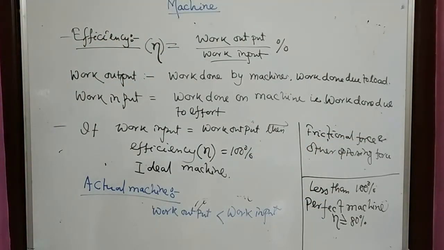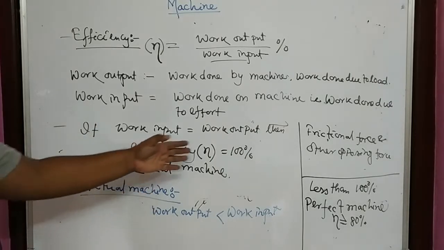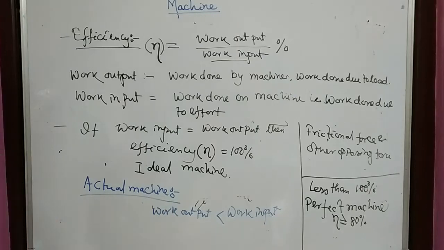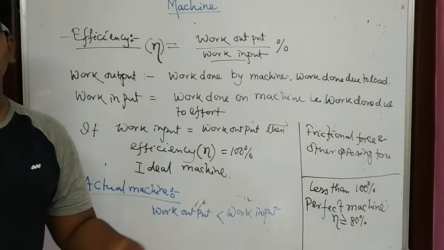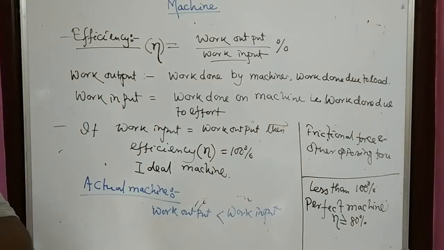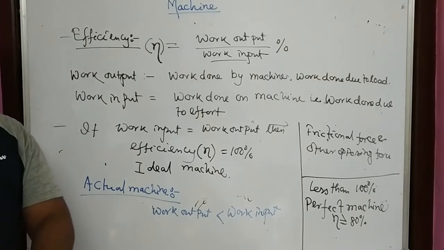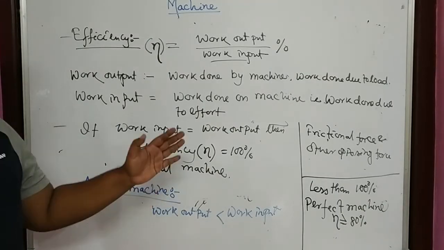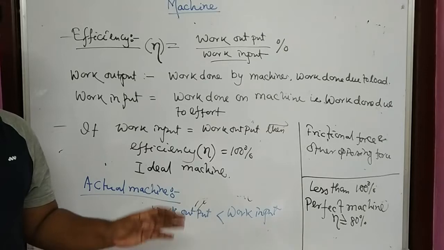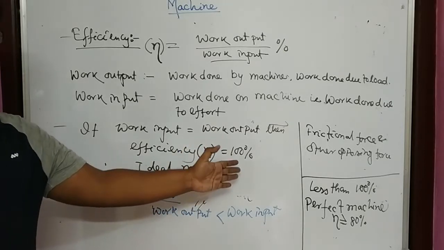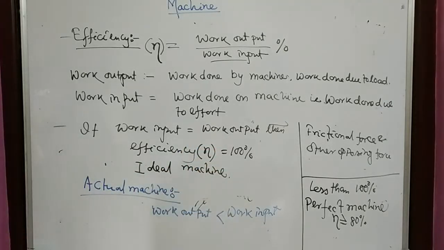Okay, so this is the idea of efficiency. Efficiency cannot be 100% practically, but ideally, in numericals, it is possible. And if you calculate a numerical and see the efficiency coming more than 100%, then be sure that your numerical is wrong. It is not possible to get efficiency more than 100%. It is also not possible practically to get efficiency 100%.